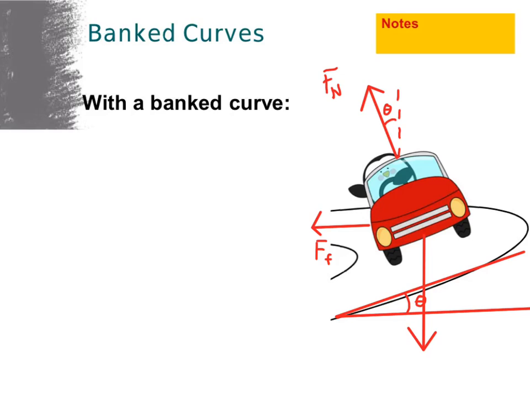But now, when we split this into two components, we're also going to have part of this normal force pointing in this direction. So, if I were to split all of these forces into vertical and horizontal components, I have something that looks like this.